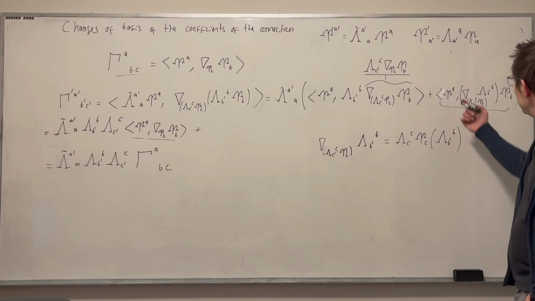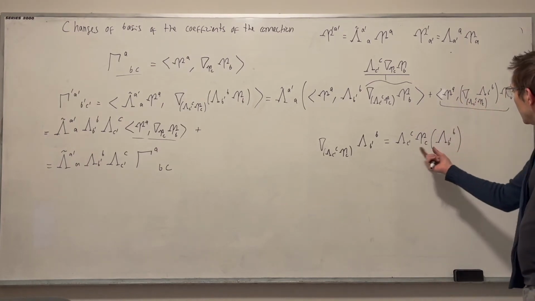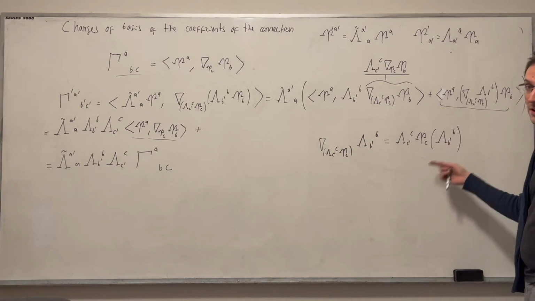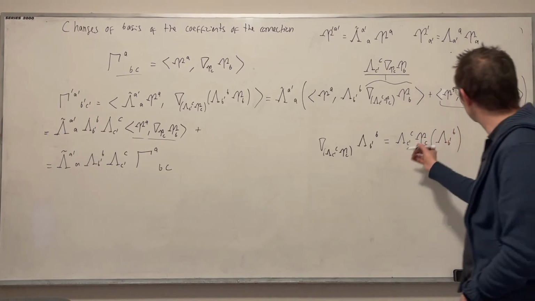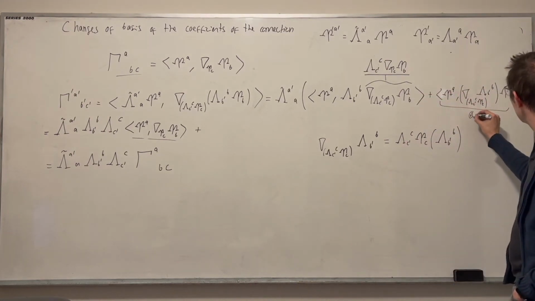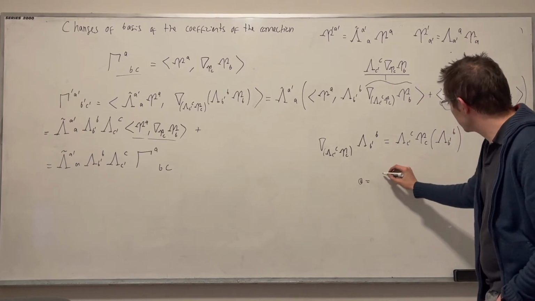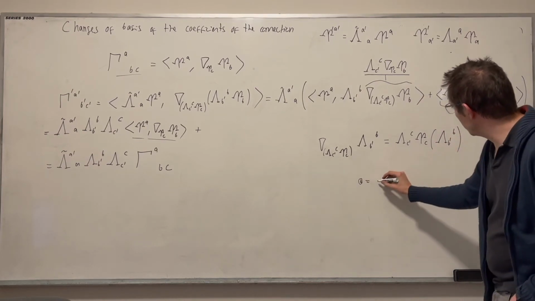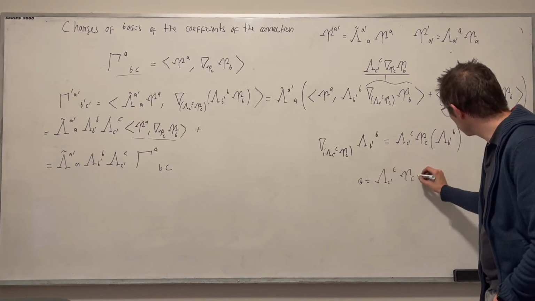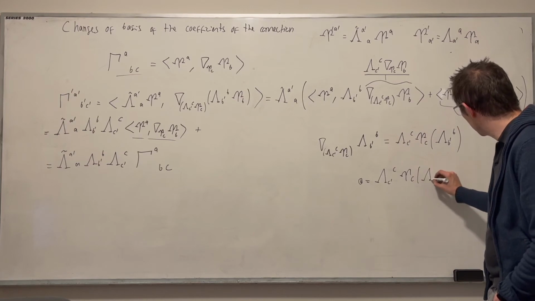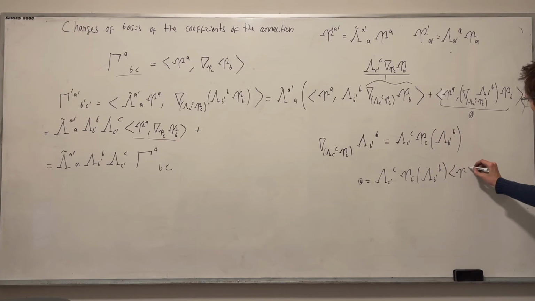So knowing that, it's easy now. This thing is a number now, because of the multilinearity, this is no longer a vector, it's the action of a vector on a function that is a number, it's a scalar. I can take it out of this product, and then, let's call this A, just for illustration, I take this number out, lambda c prime c, epsilon c, acting on lambda b prime b, and then this is just the product epsilon a, epsilon b.